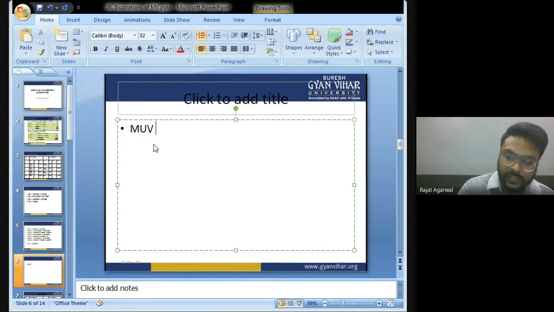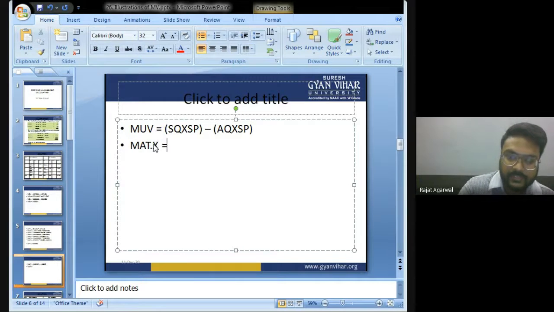Material usage variance. Formula of material usage variance is standard quantity into standard price minus actual quantity into standard price.